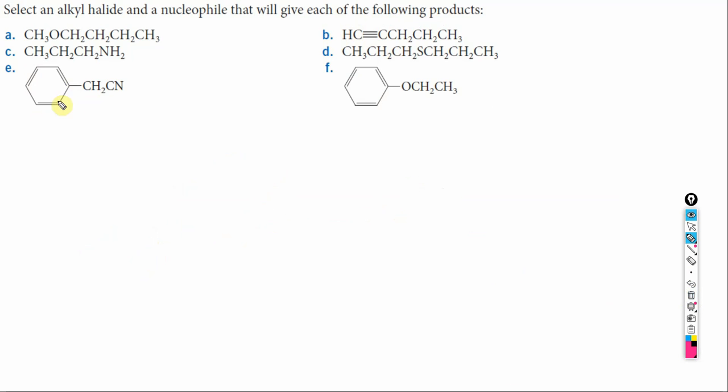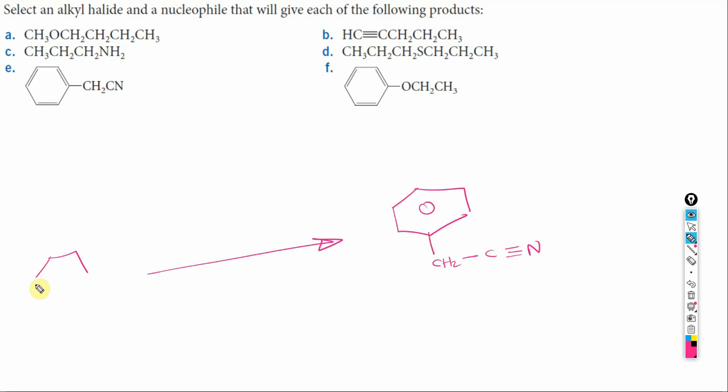And if you want to make benzyl cyanide, say for example here, CH2C triple bond N, then you want to use a benzyl bromide and sodium cyanide.